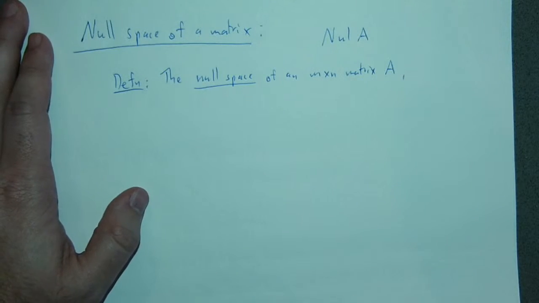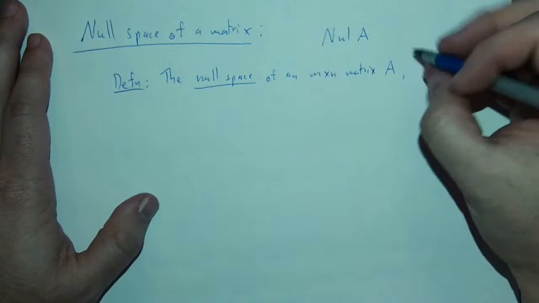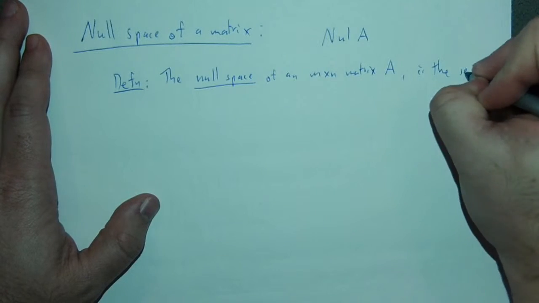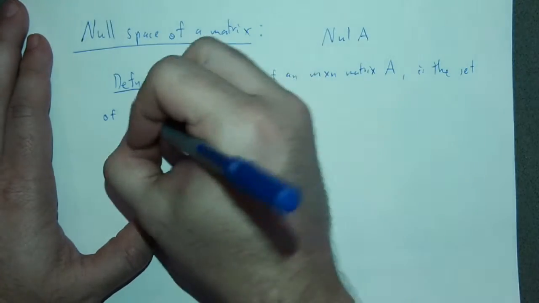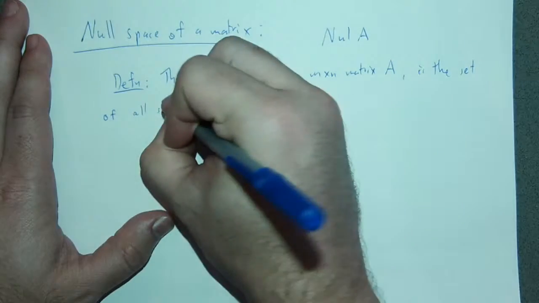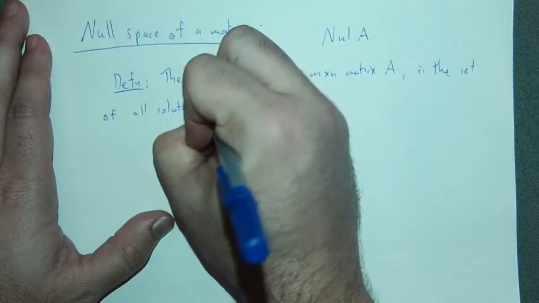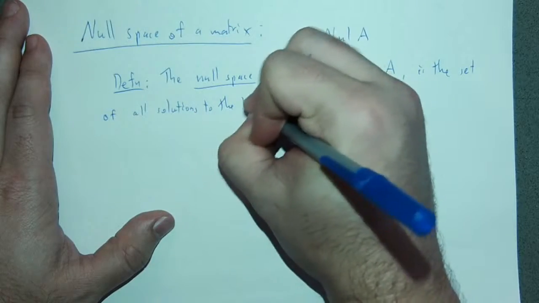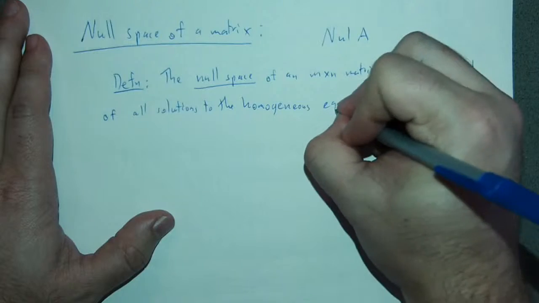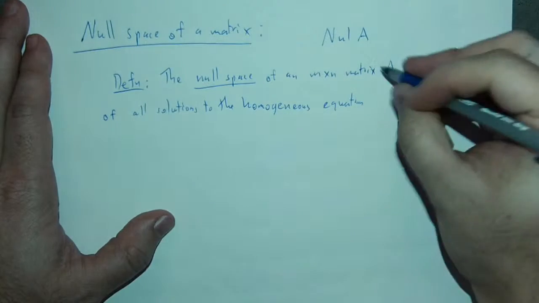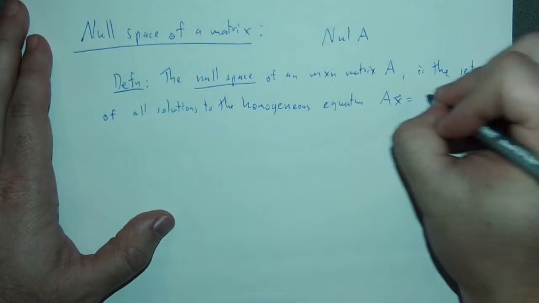So the null space of an M by N matrix A is the set of all solutions to the homogeneous equation Ax equals 0.